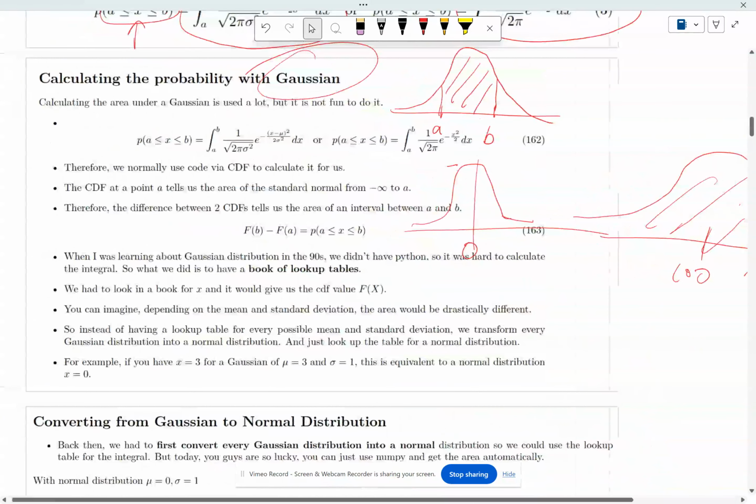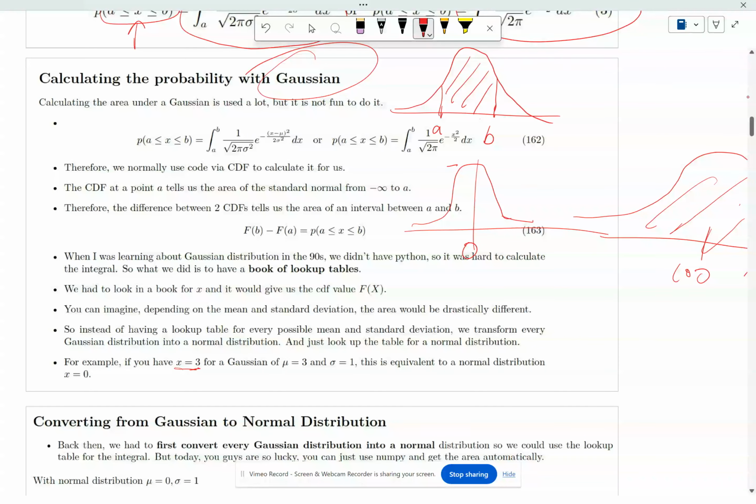So for example, let's say you have x is equal to 3, right? For a Gaussian distribution where mu is 3 and sigma is equal to 1. This is equivalent to x equals 0 for a normal distribution. So a Gaussian distribution where x is equal to 3 with some mean and standard deviation would be equivalent.